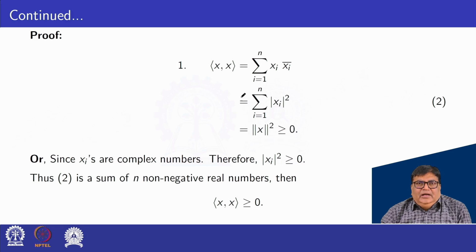Or this is a sum of n terms of positive numbers, so the summation of all terms is always greater than or equal to 0. Therefore, mod xi square is greater than or equal to 0. Thus, from equation 2, sum of n non-negative real numbers, inner product of xx is greater than or equal to 0.